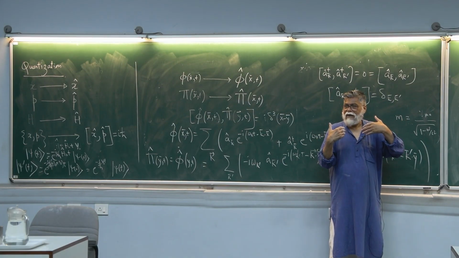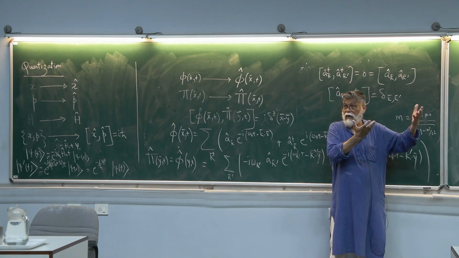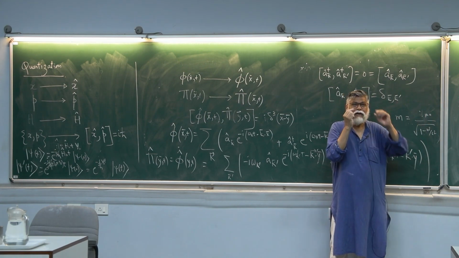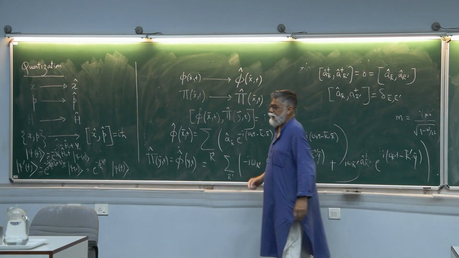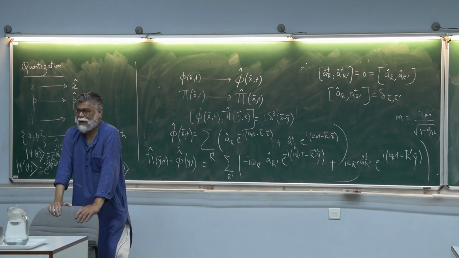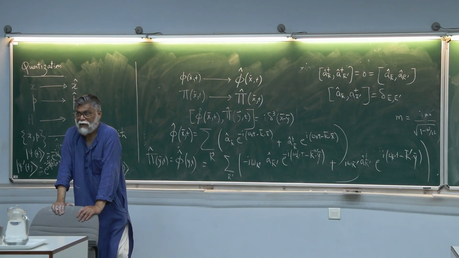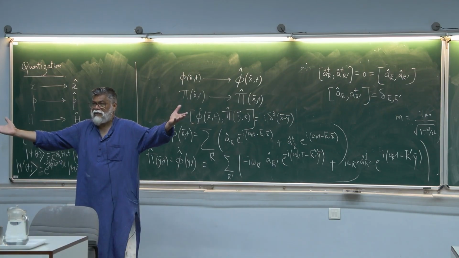Today we know that phi cannot be used as a wave function. Even if you read a standard quantum mechanics book, they tell you that the Klein-Gordon field phi cannot be talked about as a wave function. Why? Because the probability density for a Klein-Gordon field, even for a complex Klein-Gordon, is phi star del phi by del t minus phi del phi star by del t, and it is not positive definite.